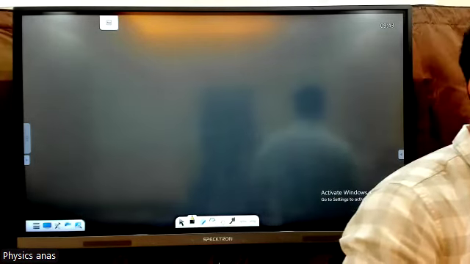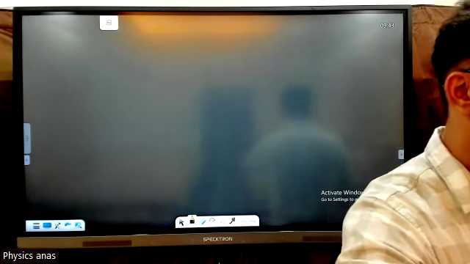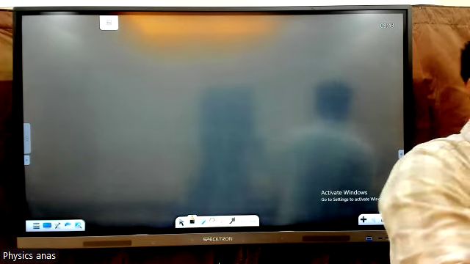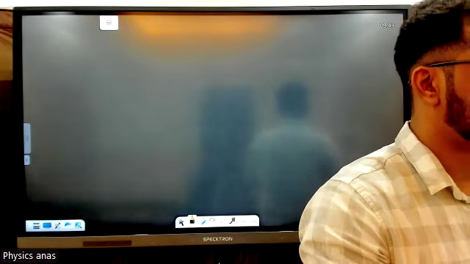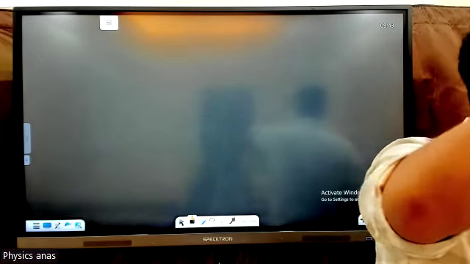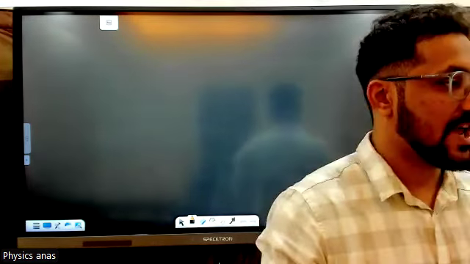That means the light will be converging in front of the retina, not on the retina. If the light converges on the retina, we see the object clearly. But if the image forms in front of the retina, we cannot see that object.